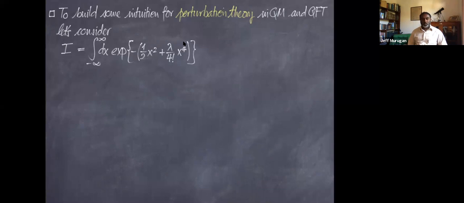So what are we doing here? The first thing to note is that if lambda was 0, then we just have a Gaussian integral, and certainly we can integrate out the Gaussian integral very straightforwardly. Secondly, because we're integrating out x, this is not an indefinite integral, it's a definite integral. We're integrating out all the x dependence. The result is that this integral I is actually a function of lambda.